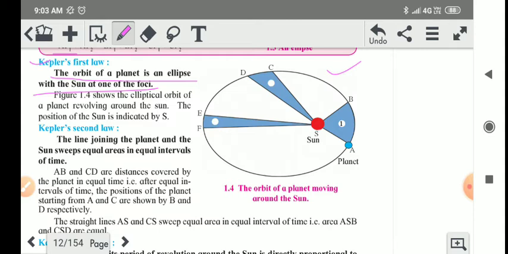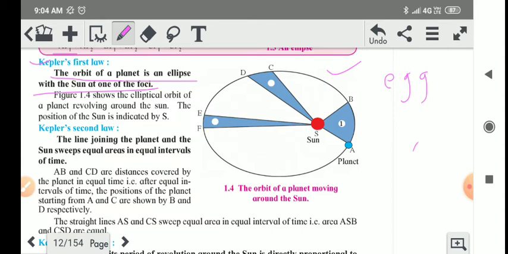We can consider an egg as an example of an ellipse. The shape of an egg is also an ellipse shape. In such a shape, planets revolve around the sun. So the statement of the first law is that the orbit of a planet is an ellipse with the sun at one of the foci.